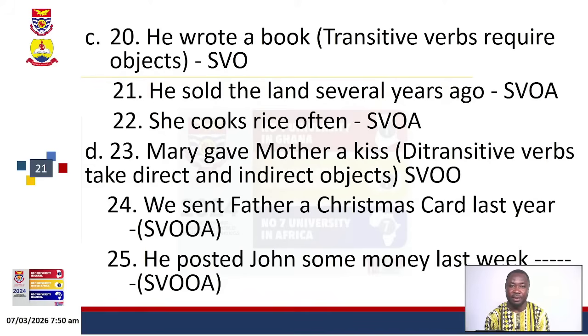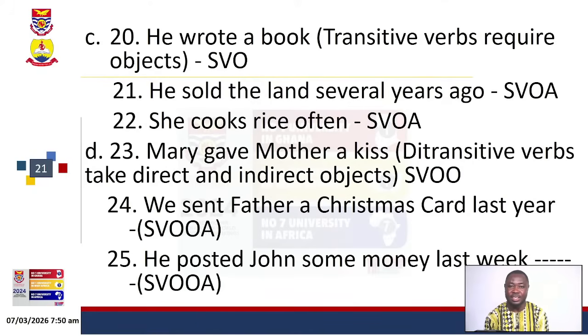In 25, "He posted John some money last week." He is a subject, that is S. Posted is a verb, that is V. John is our indirect object, the first O. Some money is our direct object. Why? Because what he posted is not John, it is some money.